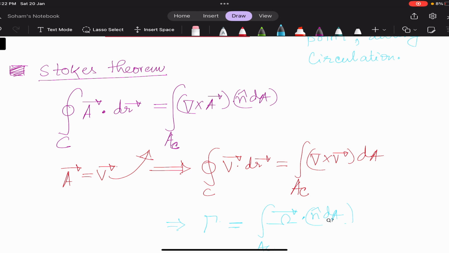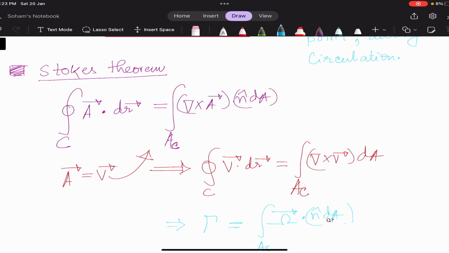So all the concepts of vector calculus, if we put the velocity vector in place of the vector notation in the vector calculus theorems, then all the formulas of vector calculus get some significance in terms of fluid mechanics. If you are aiming for GATE, you don't have to remember Stokes theorem separately.